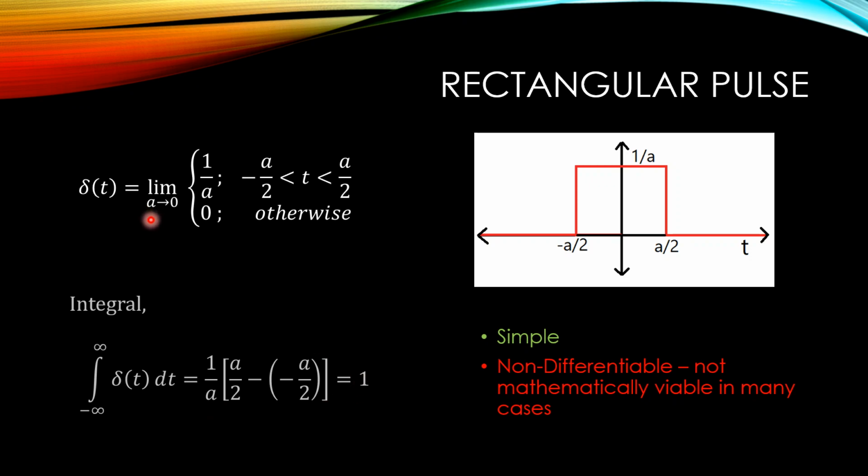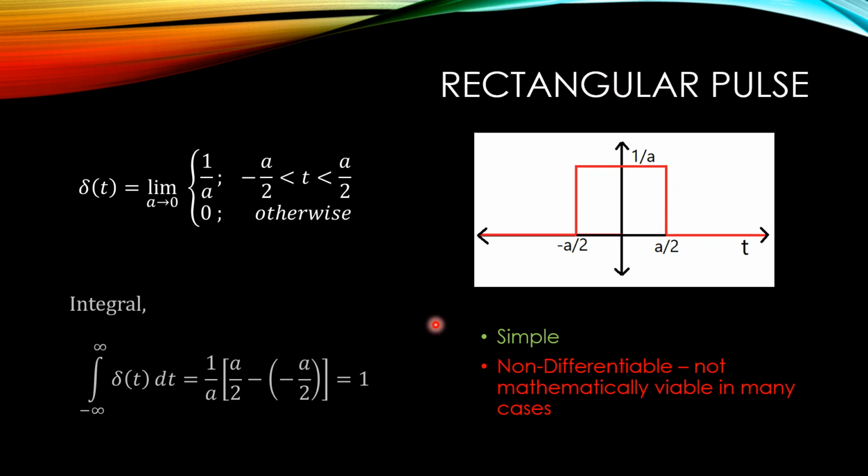And in the limit a tends to 0, it strongly diverges at t equal to 0 and is 0 for all other values of t. In essence, what happens is that the rectangle keeps becoming thinner and thinner, and taller and taller.